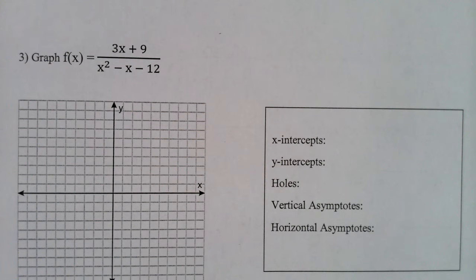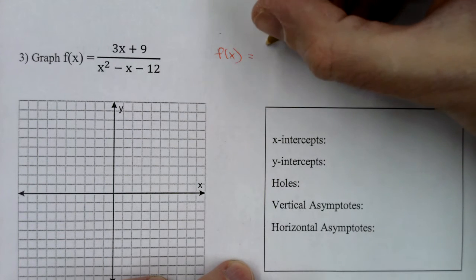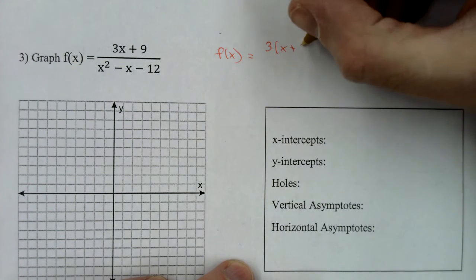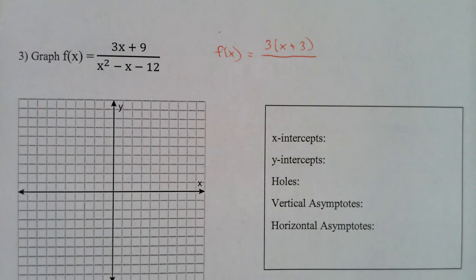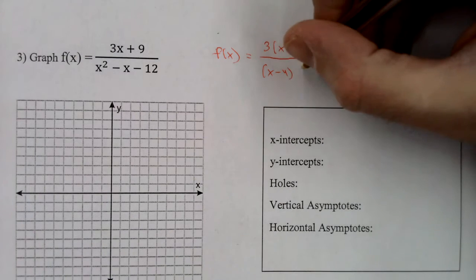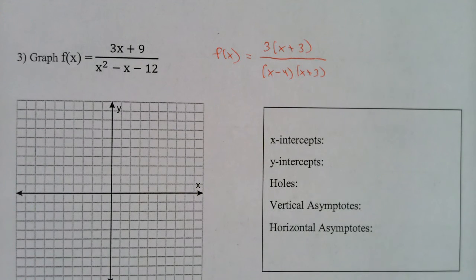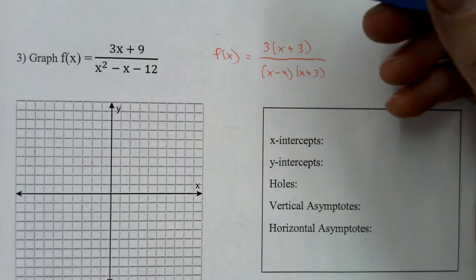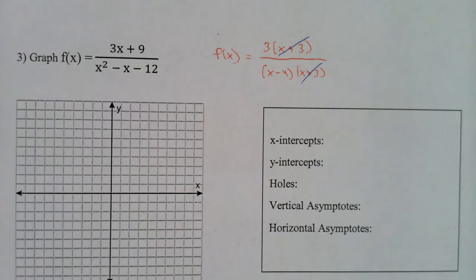When we factor the numerator, we have 3 as a GCF times x plus 3 over. When you factor the denominator, it becomes x minus 4 and x plus 3. Divide out the common factor of x plus 3. And we get the following. We get 3 over x minus 4.